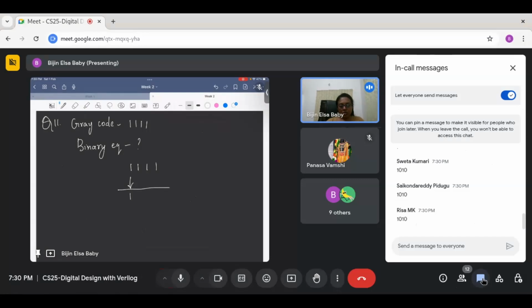Then 1 XOR 1, that will be 0. 0 XOR 1, that will be 1. 1 XOR 1, that will be 0. So this is the binary equivalent.